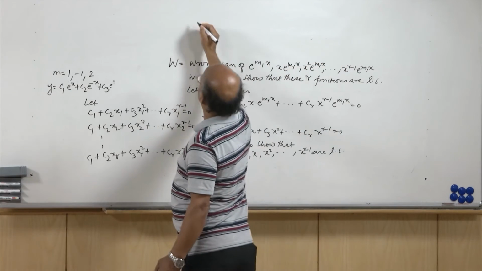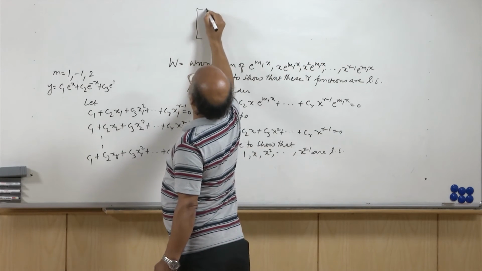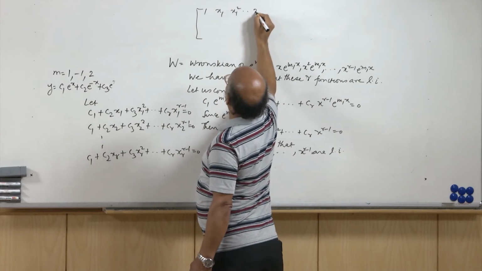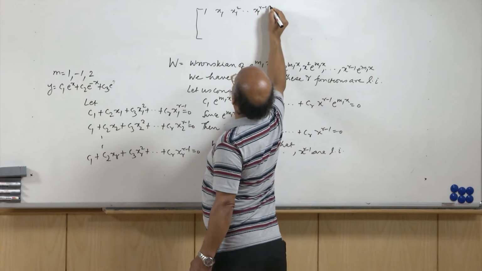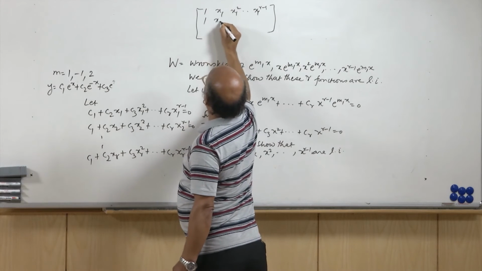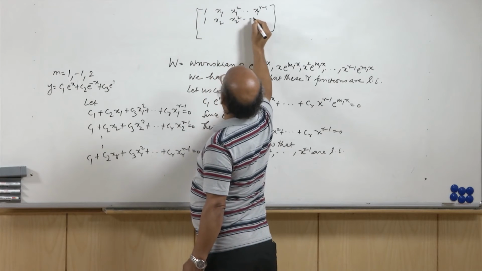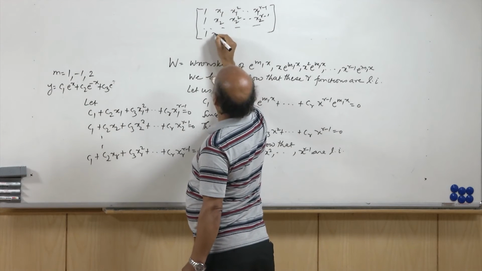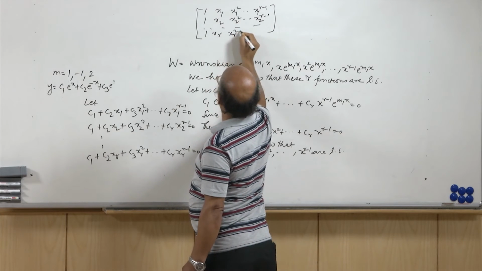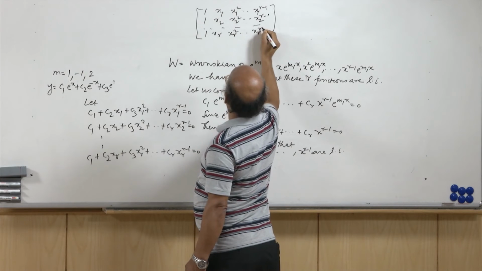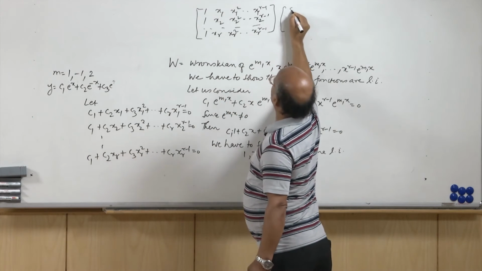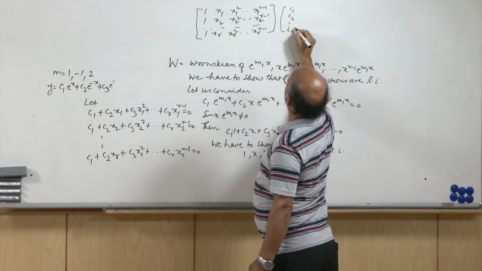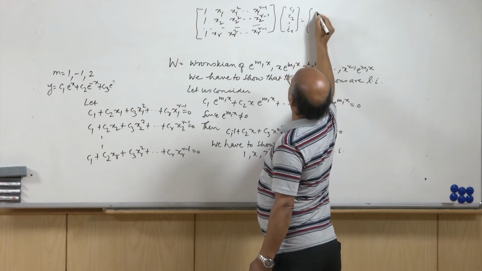We can write it in matrix form, with rows 1, xi, xi square, up to xi to the power r minus 1, multiplied by the column C1, C2, up to Cr, equal to 0.